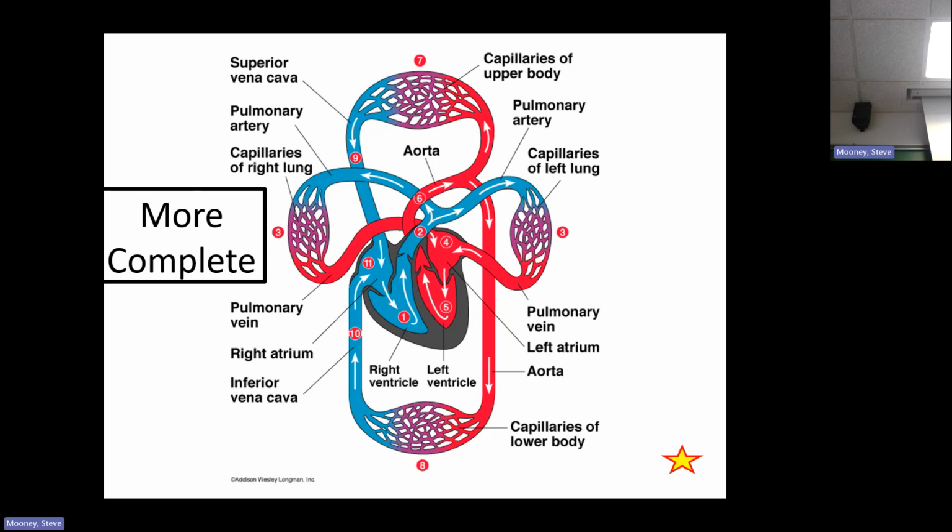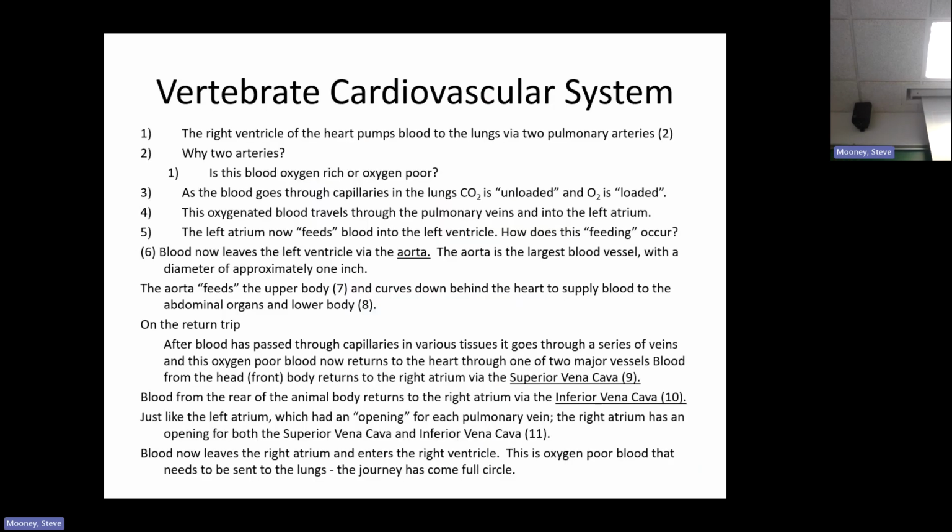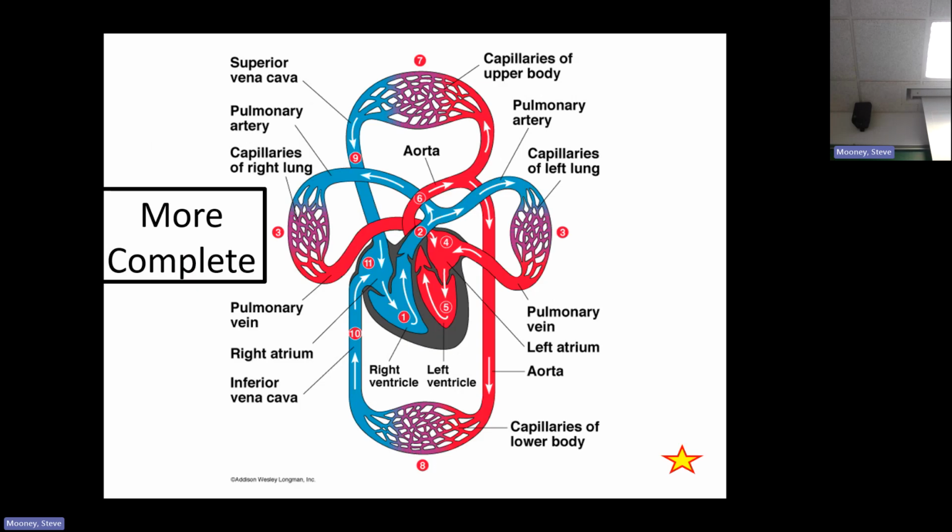So we come in, I think you have this list there somewhere. So the numbers on this page match the numbers on this page. If we start with the 1, we have deoxygenated blood in the right ventricle. We're going to go out through the semilunar valves into the common trunk.